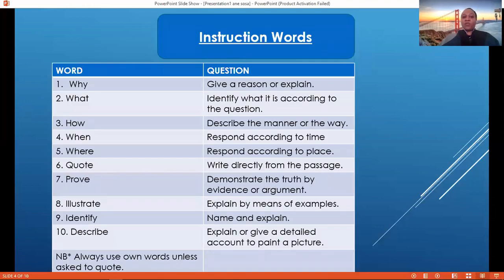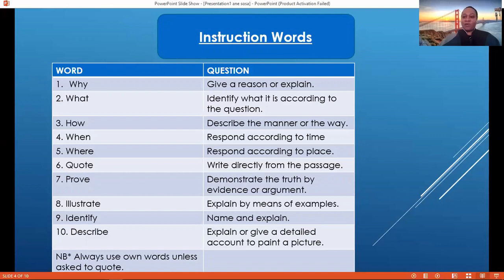As you go through the text for the second time, you will obviously go through the questions before you consider answering them. Let's look at the instruction words of the questions and what they mean to us. Number one word, why?